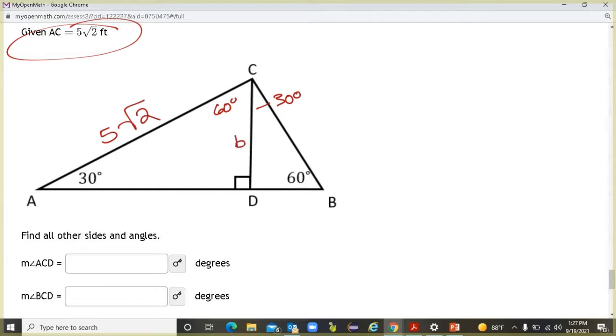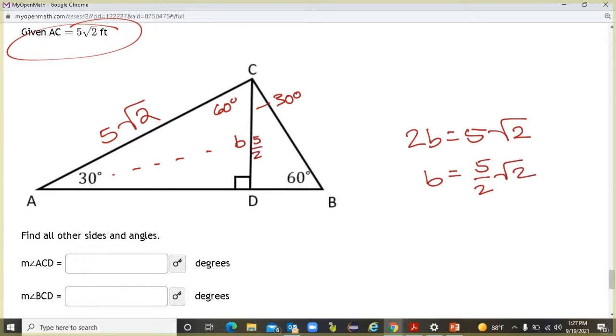Here's the short side. I'm going to call him B. Short side's across from 30. Twice that is always the hypotenuse, you see. So that means that B must be 5/2 square root of 2. To get to the long side, you simply multiply that by the square root of 3. And notice that would be the square root of 6.